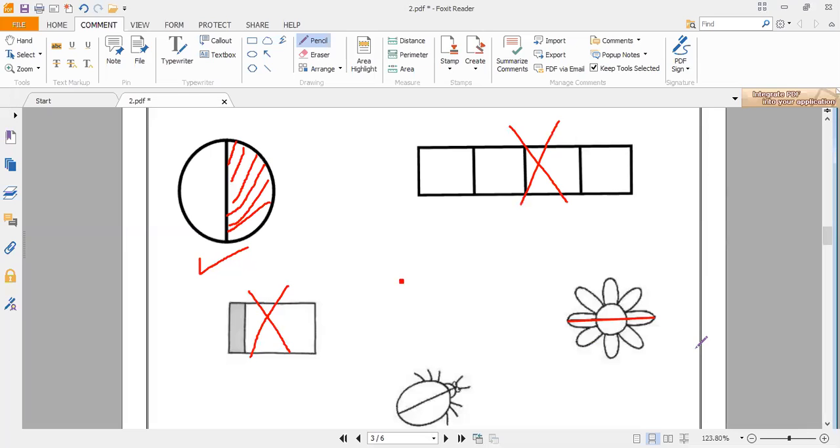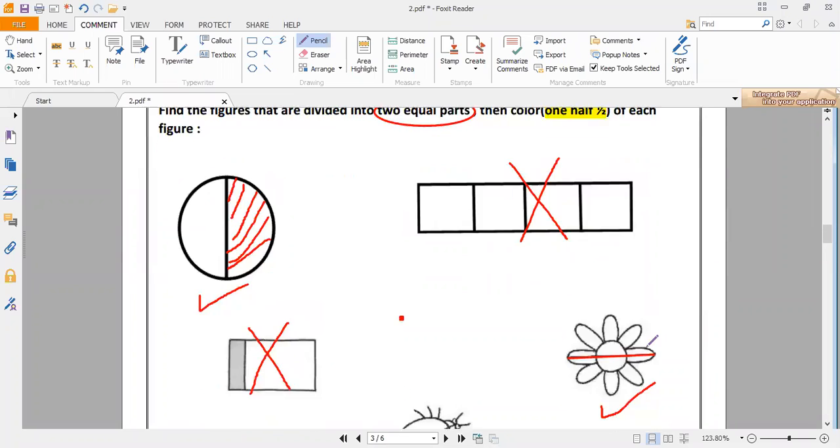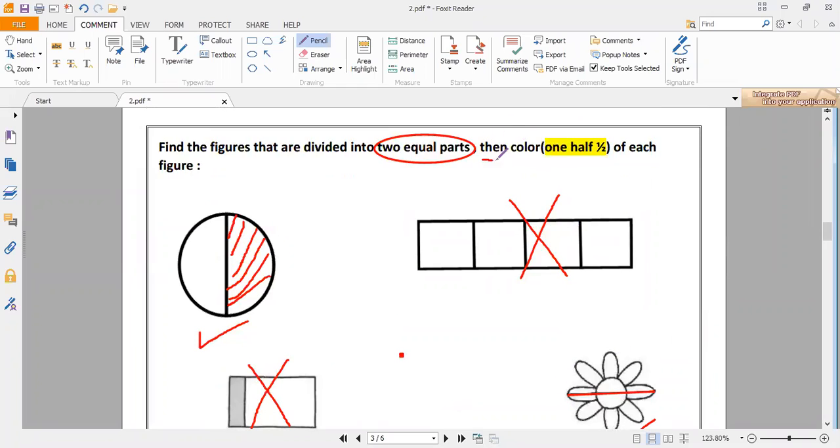Ruqayya? Yes, yalla Ruqayya, does this flower show halves? Yes. Yeah, so I'm gonna choose it. Okay. We have another thing we have to do with this flower. He said what? Read it. He said color 1/2, one out of two of each.